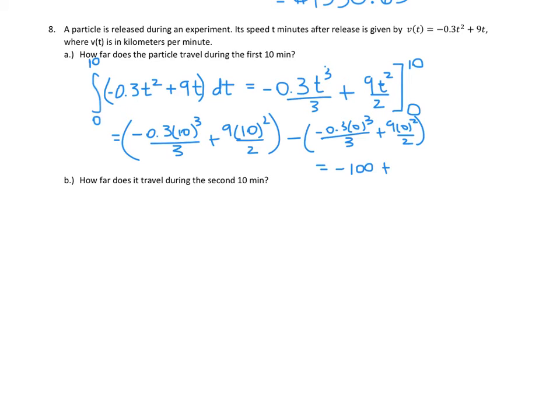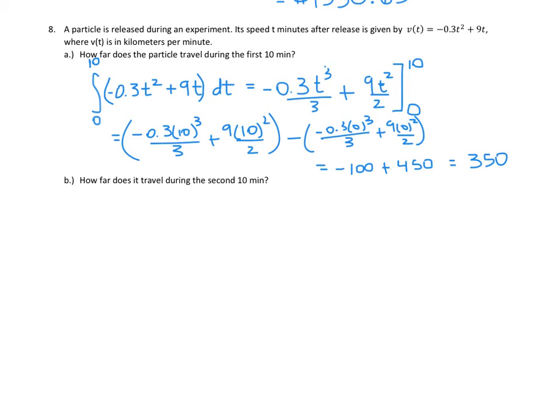And then 900 divided by 2 is going to give us 450. So we have plus 450. And then we have a minus, and all of this turns out to just be 0. 0 cubed is 0, plus 0 squared, which is 0. So now negative 100 plus 450 is going to give us 350.